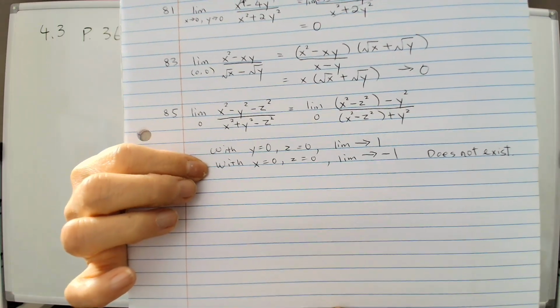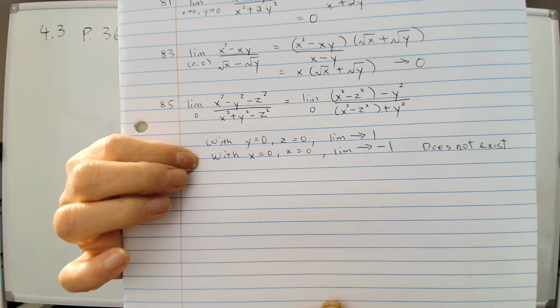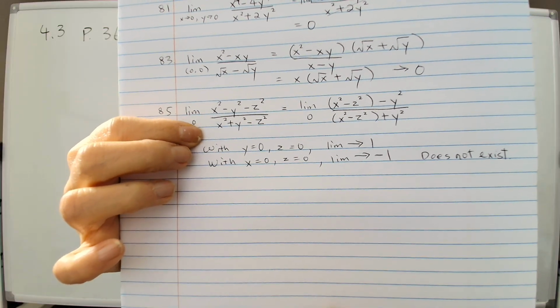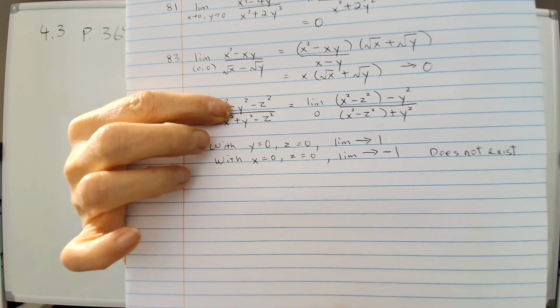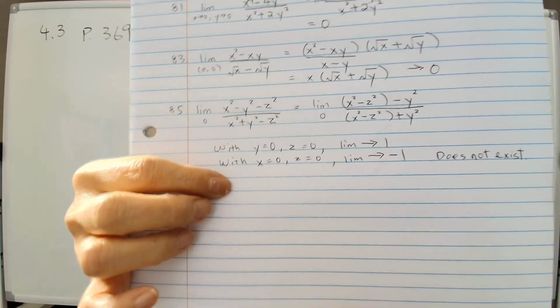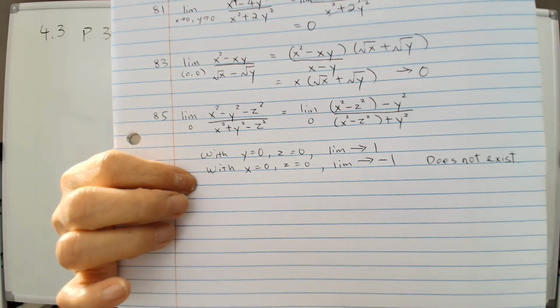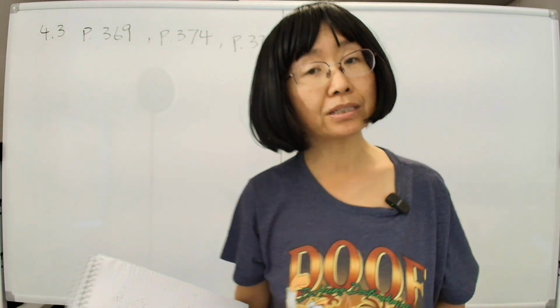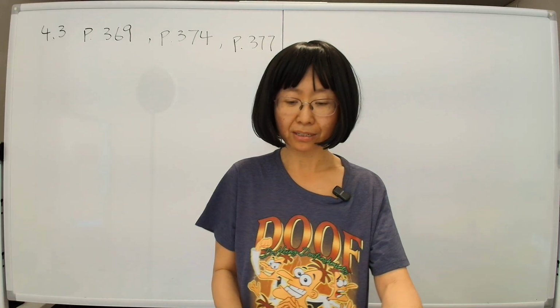Whereas if you hold x equal to 0 and z equal to 0, and let y go to 0, then you notice the limit becomes -1, because the y here has two different signs. So the limit approaches two different things, which means the limit does not exist. And that's how to do that particular problem.